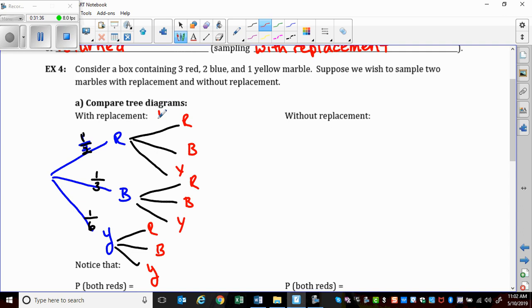It's not going to change because we put it back in if we pick the red first. And then this would still be 1/3 and still be 1/6. So 1/2, 1/3, and 1/6.